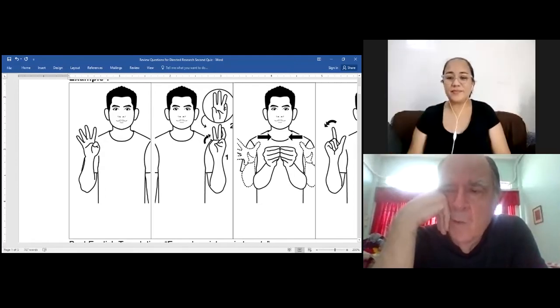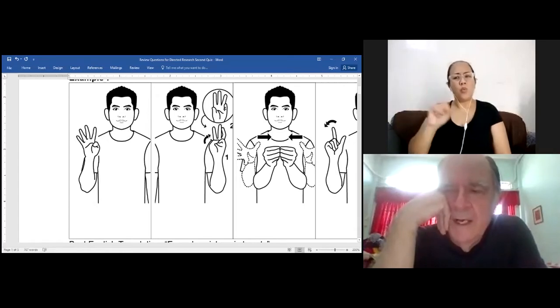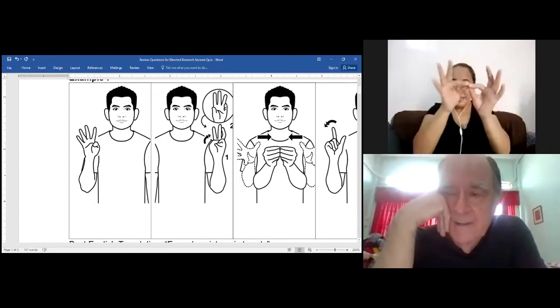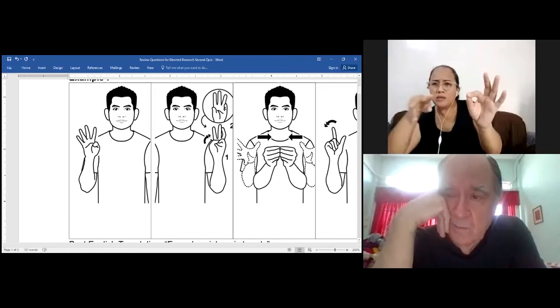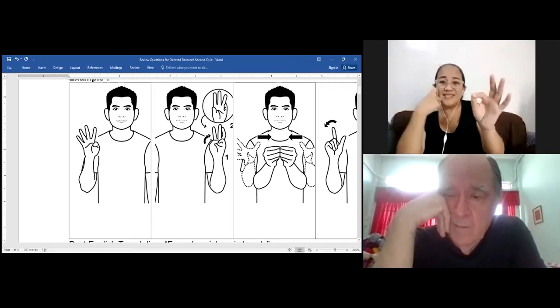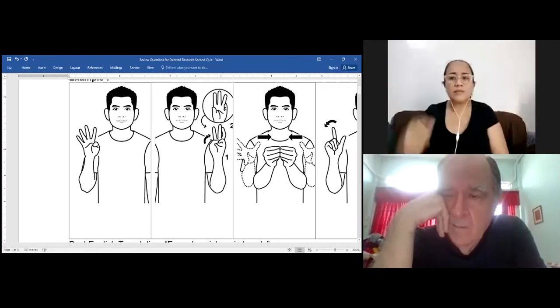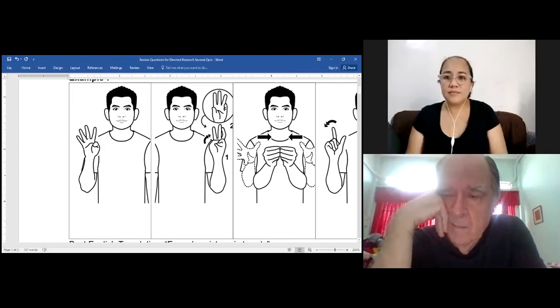What is one predicate you can see in that sentence? Nat has his hand up.